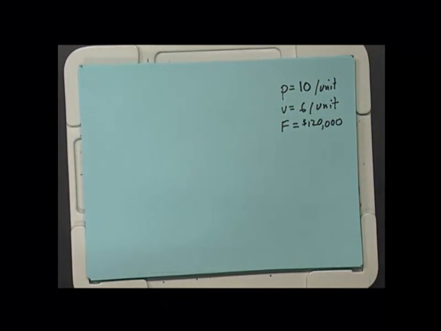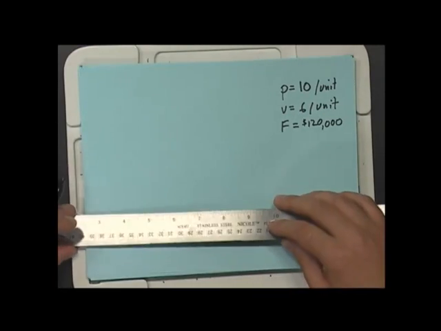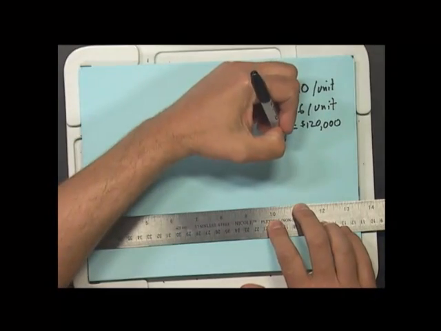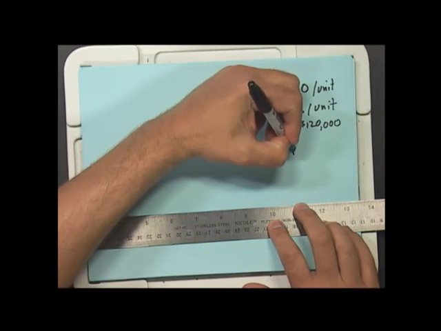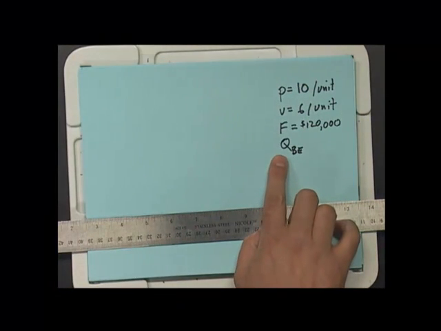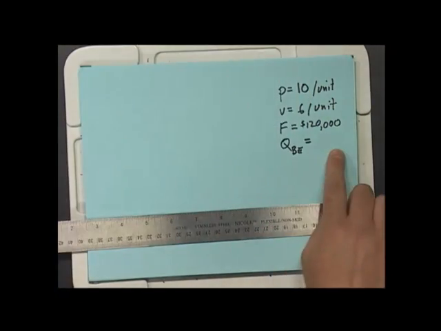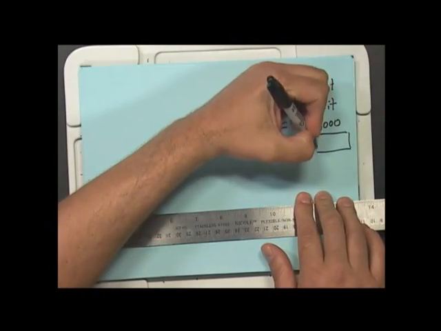So typical break-even analysis says, what we'd like to do is find the point at which the firm is going to break even, and I'm going to put that here as Q for quantity, how many units do they have to sell, sub BE for break even.